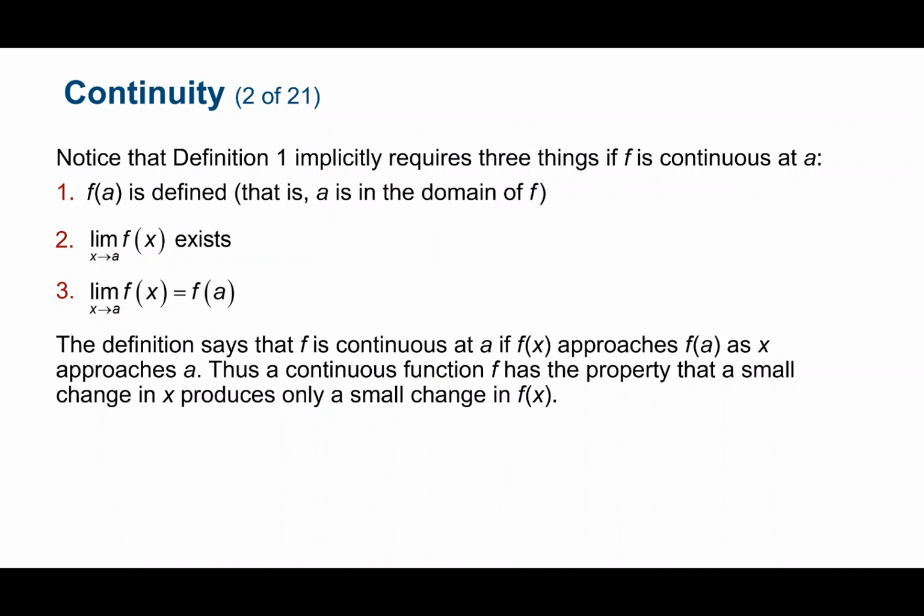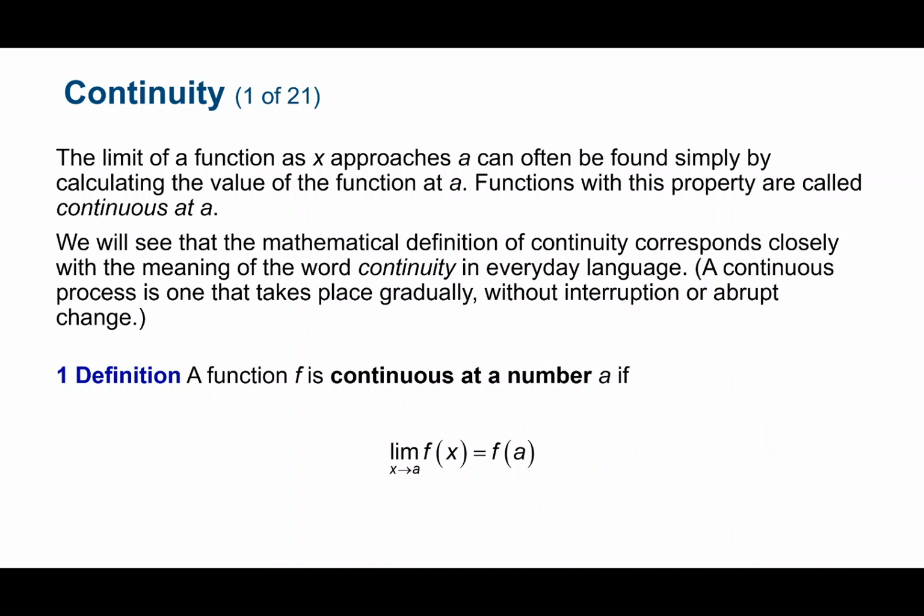Parts of this I'll come back to, looking at the compact form here. Number one says in order for this to be true, this number on this side has to exist, or in other words, the function has to be defined at a. Number two says in order for this statement to be true, the limit as x approaches a has to exist.